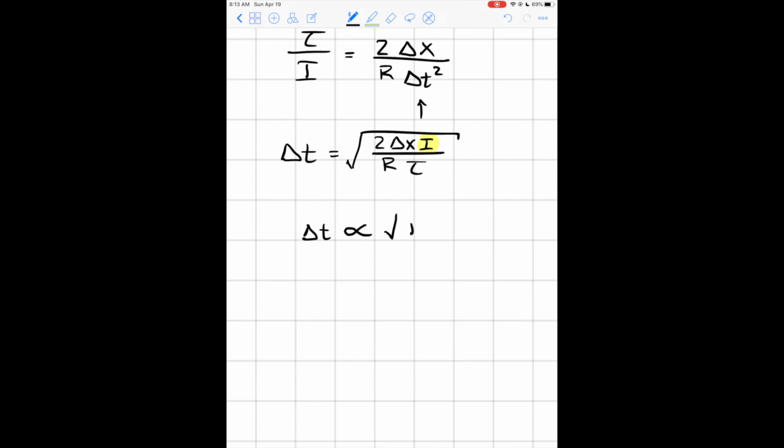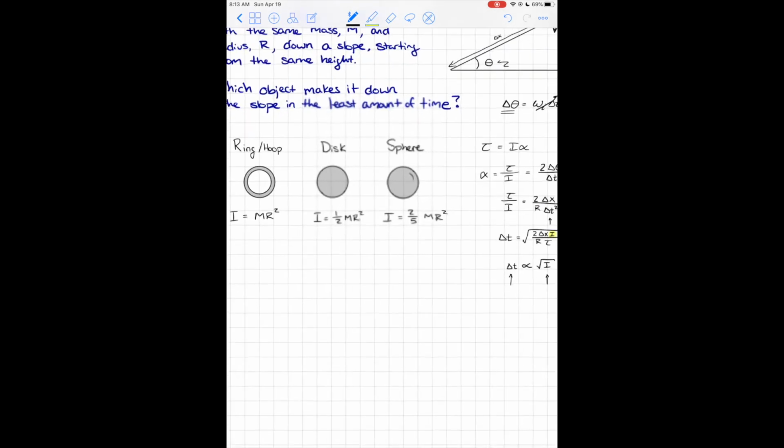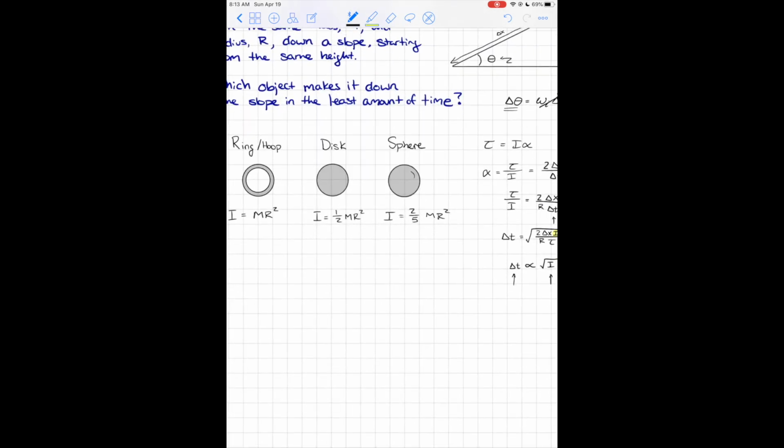is going to be proportional to the square root of I, which means the smaller I is, the smaller delta t is. The larger I is, the larger delta t is. So which one has the largest I? Well, it's the ring, the hoop. This one takes the most amount of time to get down the ramp. Which has the least?